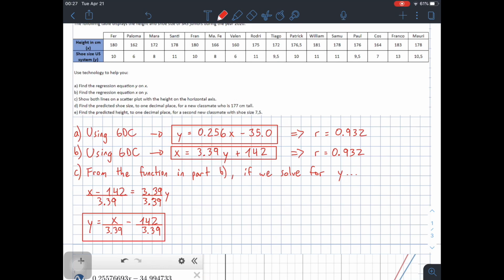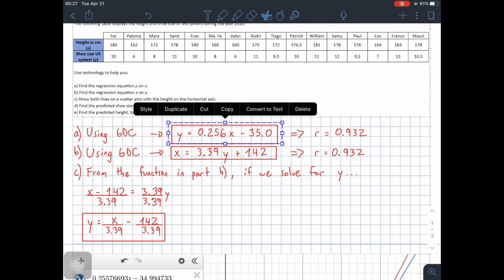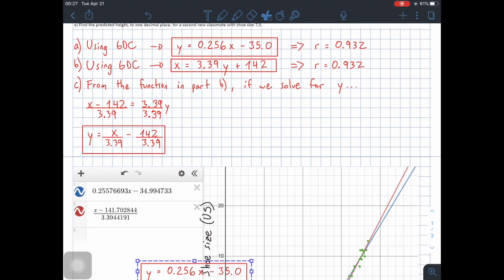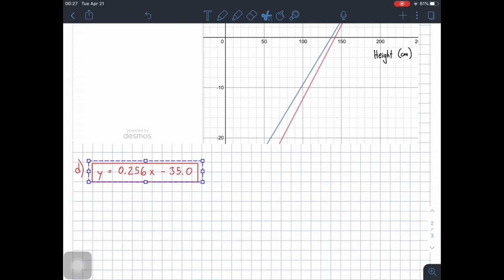Okay, so if we want to predict the shoe size, which is our y variable, we would use this equation over here, right? Because that's the one where we have the y alone, already solved. So I'm going to take this here, and I'm going to erase this.